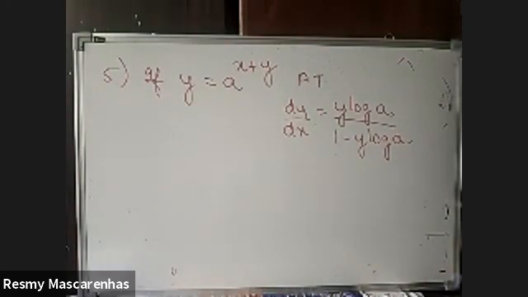Okay, if y is equal to a raised to x plus y, prove that dy by dx is equal to y log a upon 1 minus y log a.